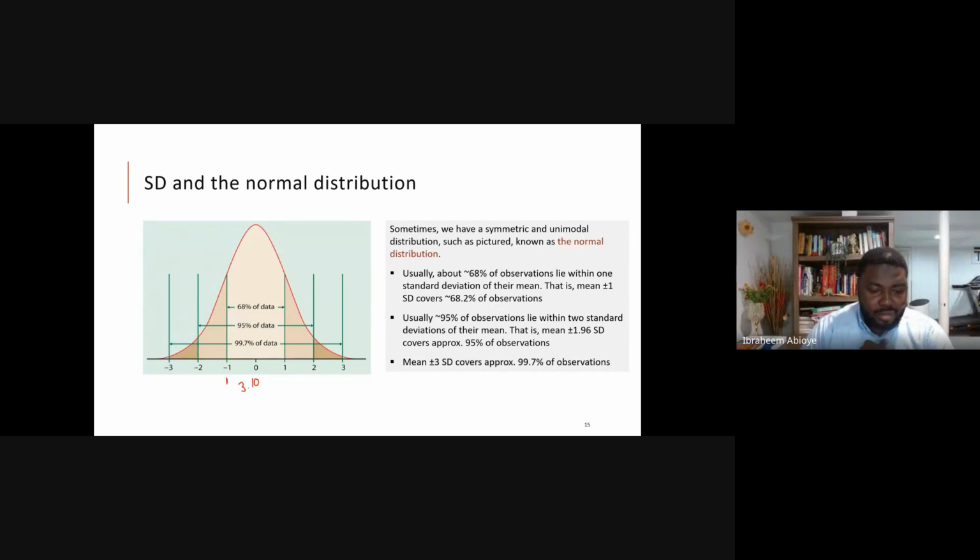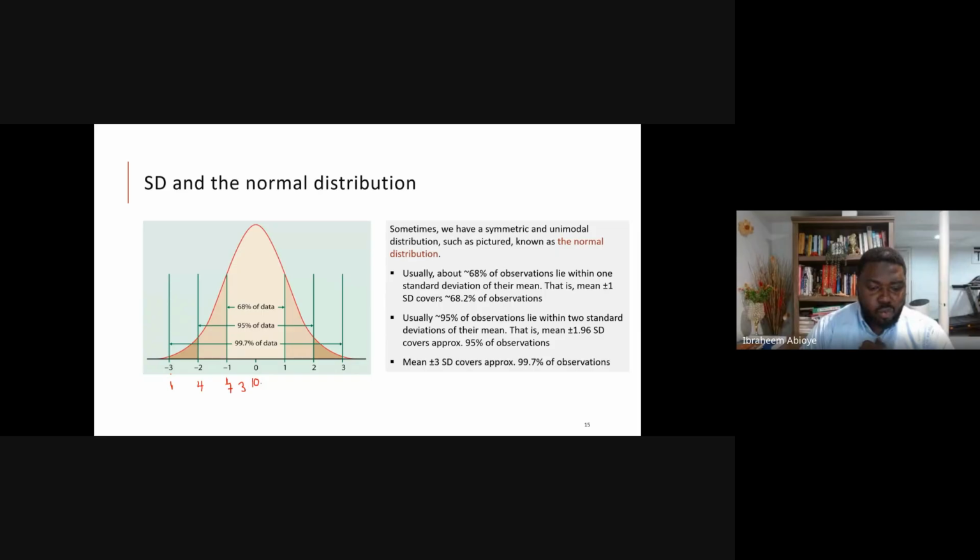That means that this value of 3 of standard deviation tells you that minus 1 standard deviation is at the value of 7. Minus 2 standard deviation is at the value of 4. Minus 3 standard deviation is 1.